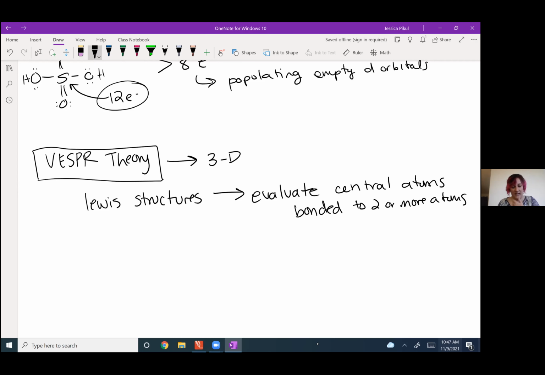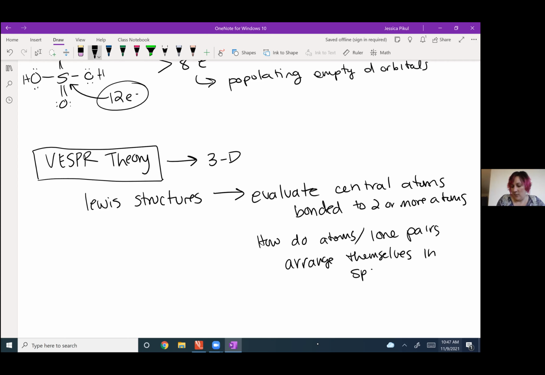And what we're going to find is how things are going to arrange themselves in space. So how do atoms and lone pairs arrange themselves in space? And we're going to give those arrangements names, and those will be molecular geometry names. And we can report bond angles.